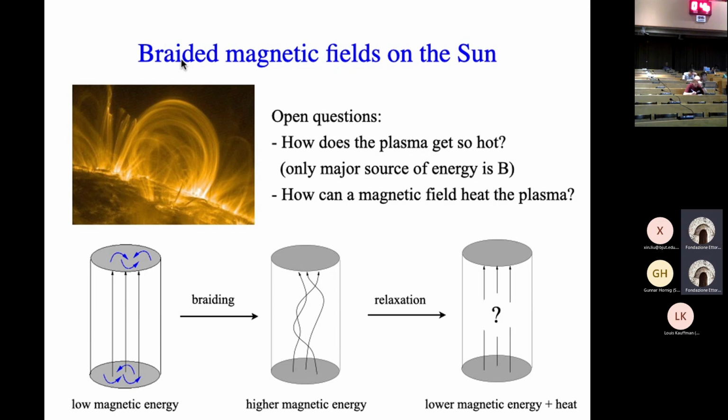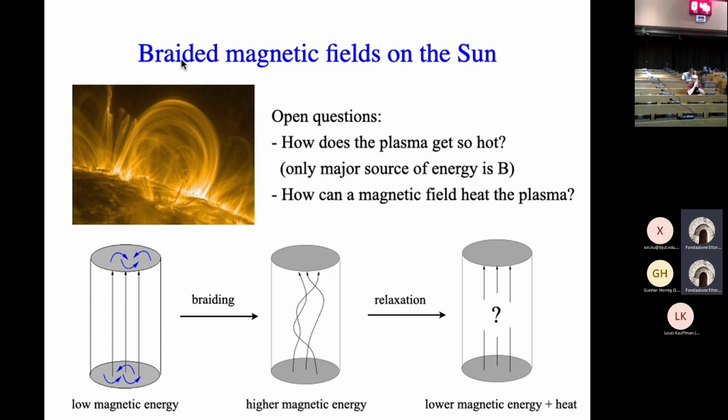This release of energy is believed to be important for the heating of the corona, and there's a long-standing puzzle for solar physicists that the corona, which is above the photosphere, is much, much hotter than the lower lying photosphere, although the main source of energy of the sun is inside the core of the sun.